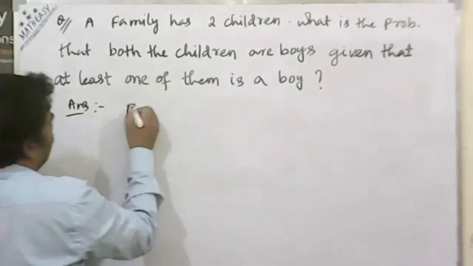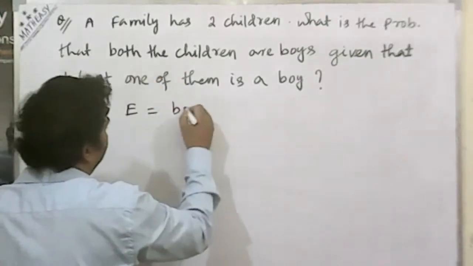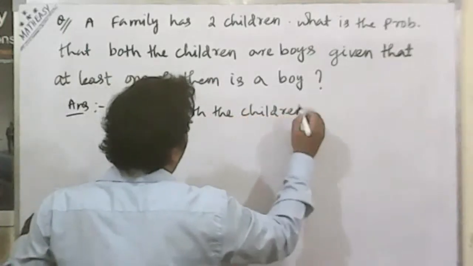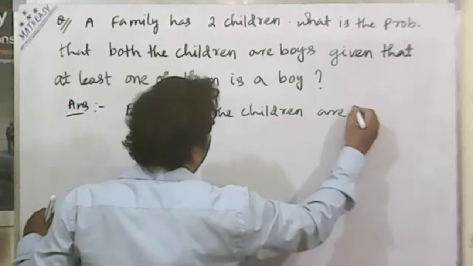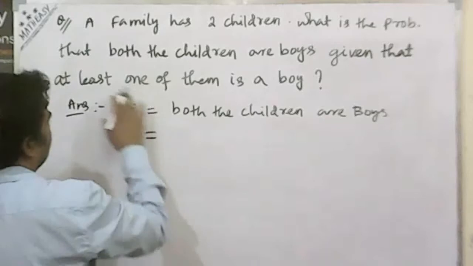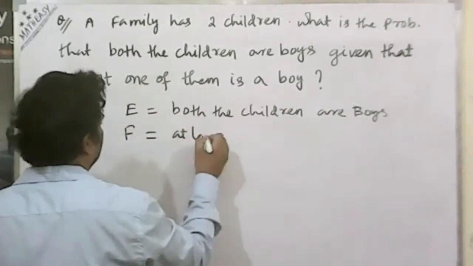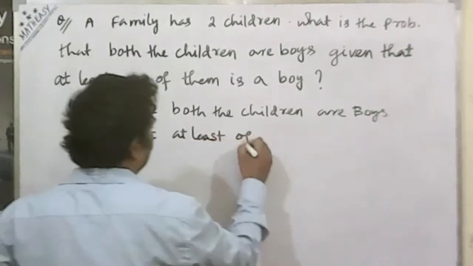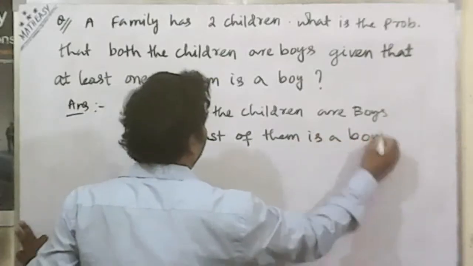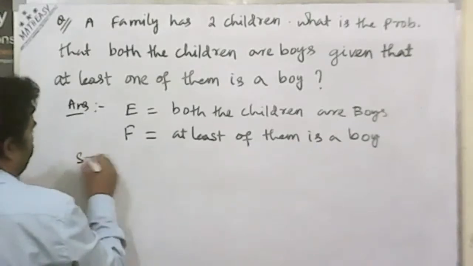Now, from the question, you can take that as an event. E means both the children are boys, one event. Another, F, is the event that at least one of them is a boy. Now, what is the sample space?